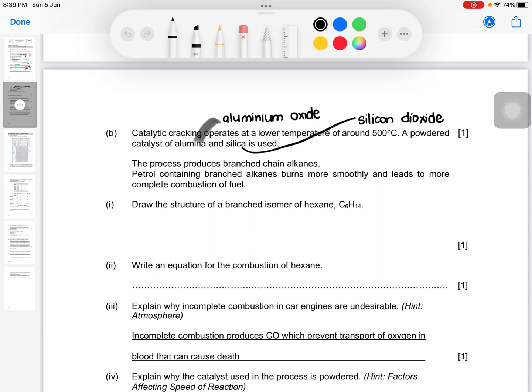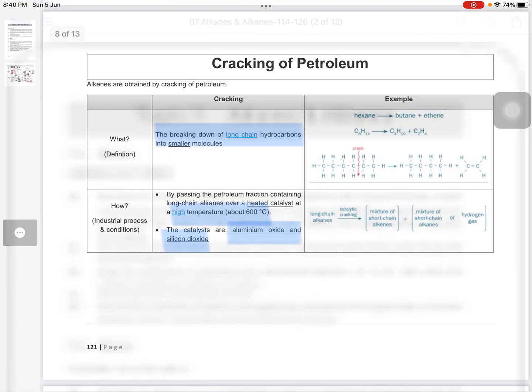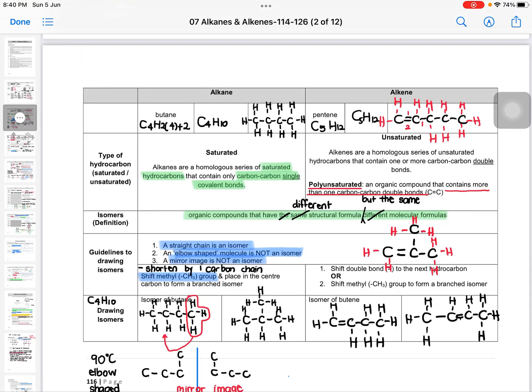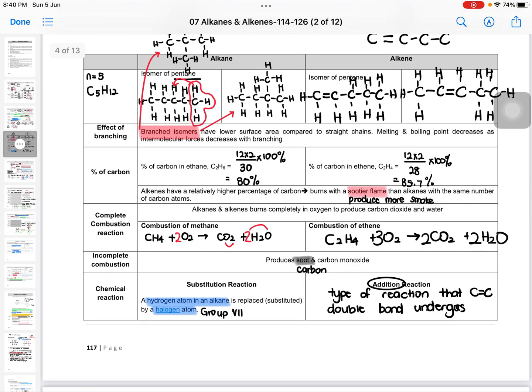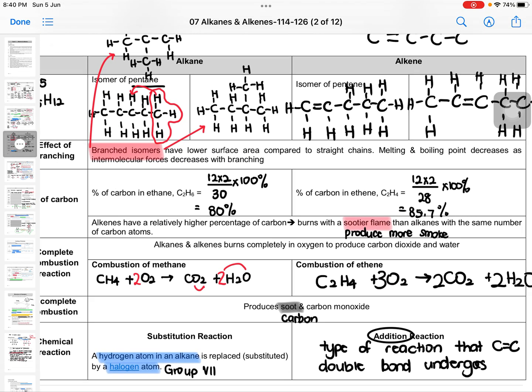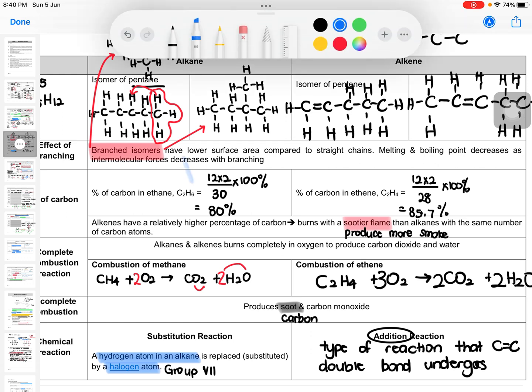If you refer back to your notes on alkanes, under the effects of isomerism or branching, branch isomers have lower surface area compared to straight chains, so hence melting and boiling point decreases as the intermolecular forces decrease with branching. So this is the application question to this concept.